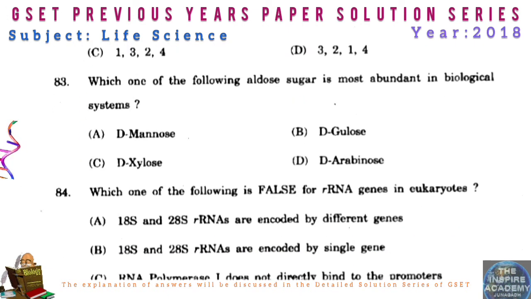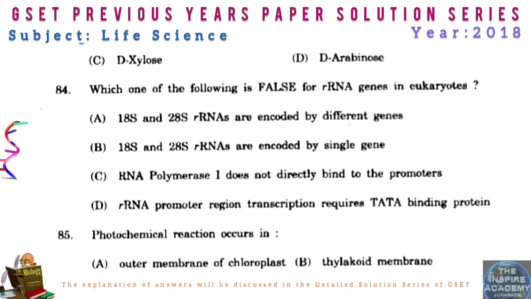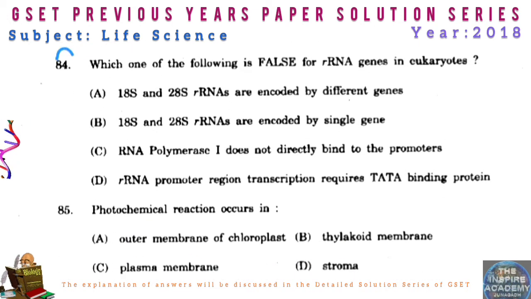Question number 83. Which one of the following aldose sugar is most abundant in biological systems? Option A, D-mannose. Question number 84. Which one of the following is false for rRNA genes in eukaryotes?